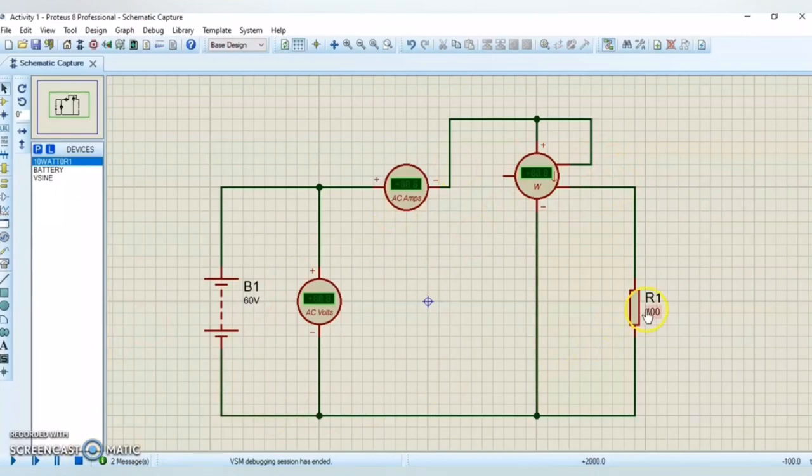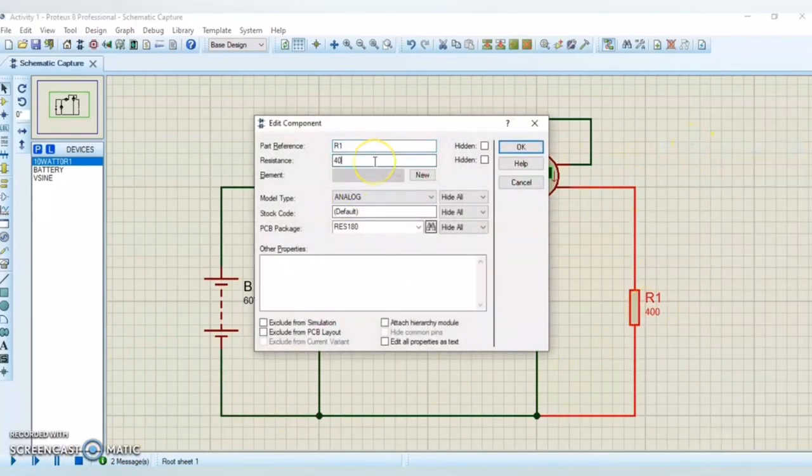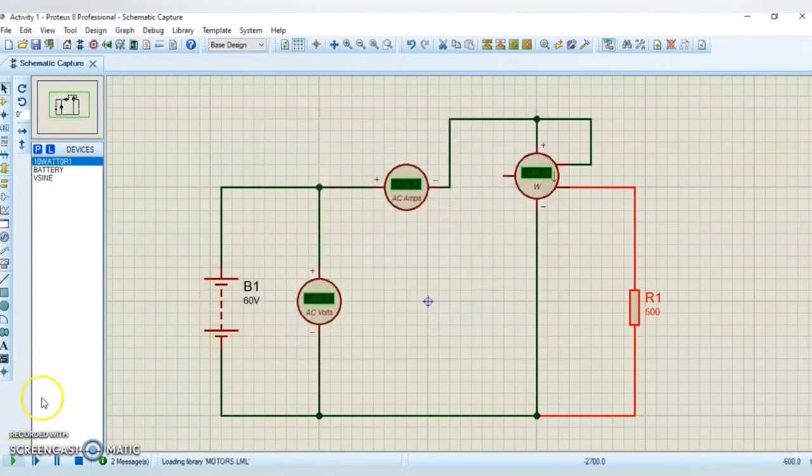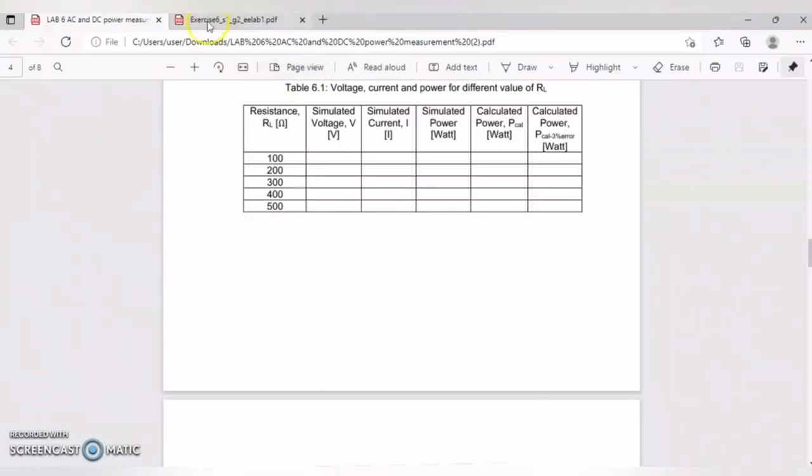So stop, and then change for the last value, which is 500, and then run. So the value of AC voltmeter is 60.0, AC ammeter is 0.12, and voltmeter is 7.2. And then we stop run.